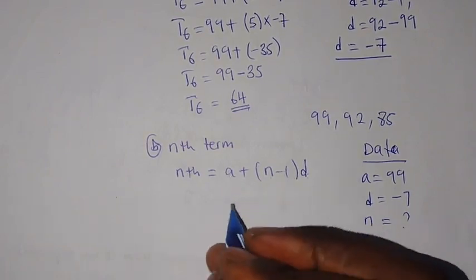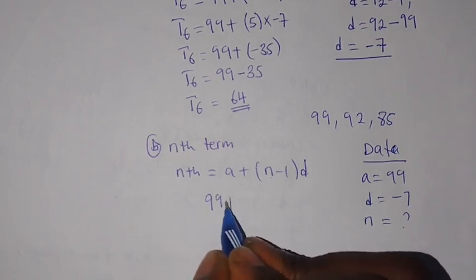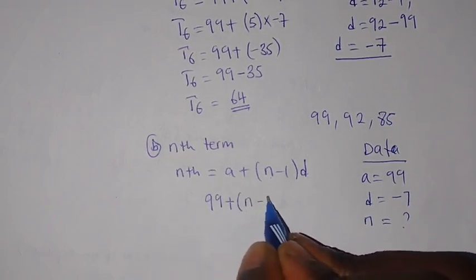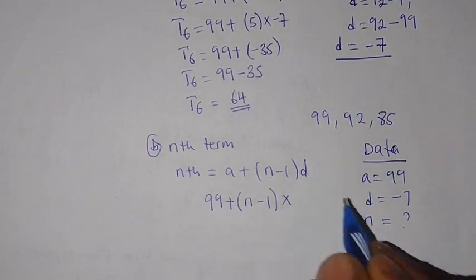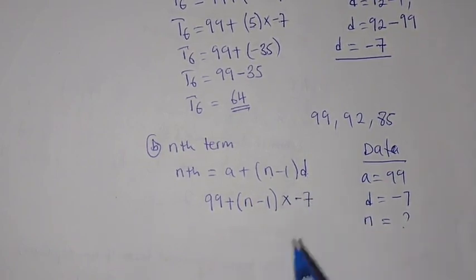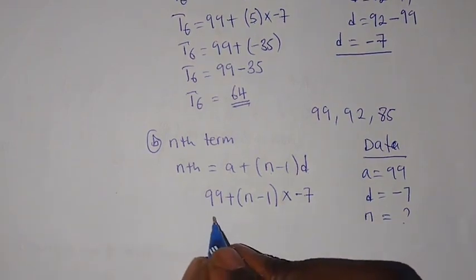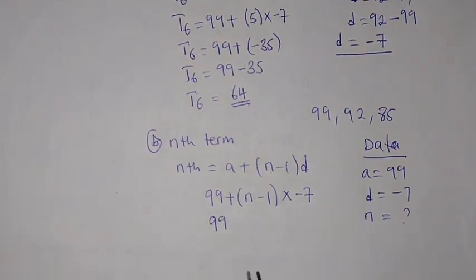So where there is A, we put 99 plus n minus 1 times, where there is D, negative 7. So from here, we write 99. What is inside the brackets of n minus 1? We can't simplify this because we have unlike terms; n and 1 cannot subtract.